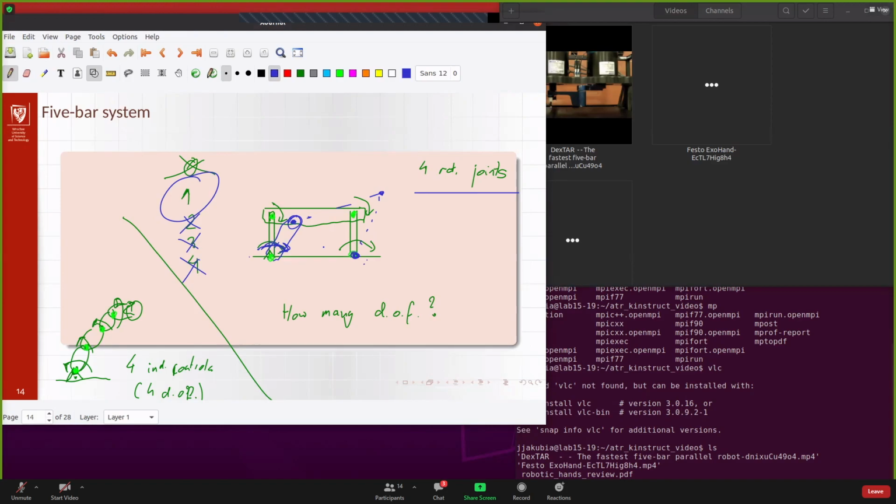So generally, we have one degree of freedom with 4 joints. So all the other 3 joints need to be free rotations that will just passively react to this first actuator.